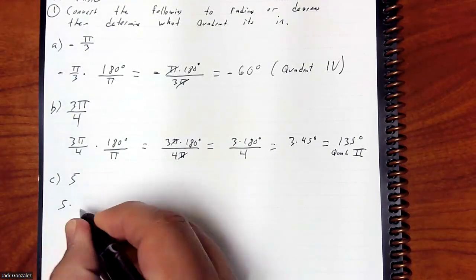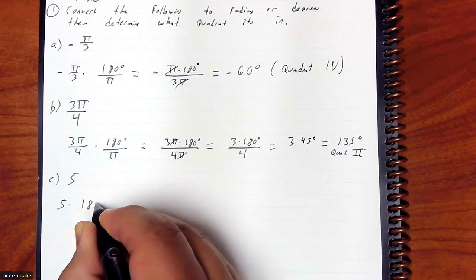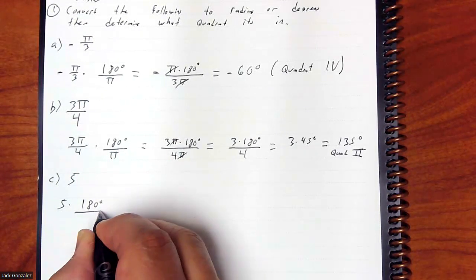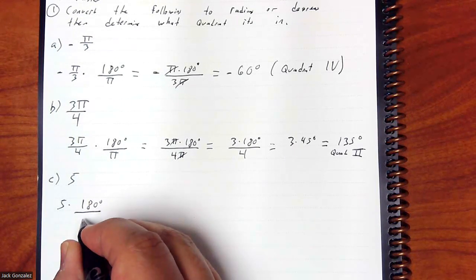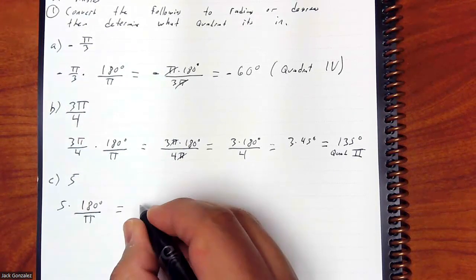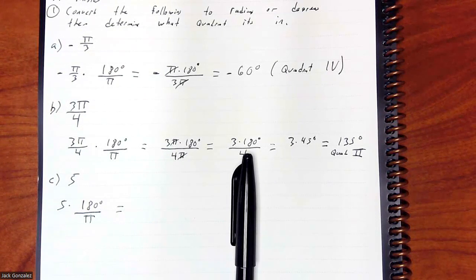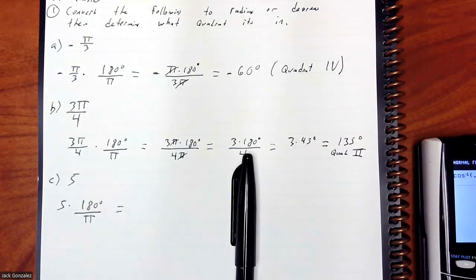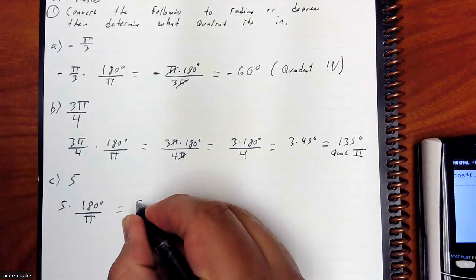You'll take the 5 and multiply by 180 over pi. So this becomes 5 times 180, whatever that is. What's that going to be? 900 over pi. That makes sense.